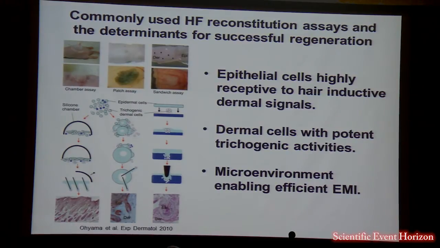As Claire said in the last presentation, fibroblasts won't induce hair follicles, while neonatal dermal cells or DP cells, in the case of mice and rat, have a strong hair inductive capacity. The third component, which we sometimes do not lay stress on or pay attention to, is the microenvironment. So I'd like to go through all these components in my presentation.